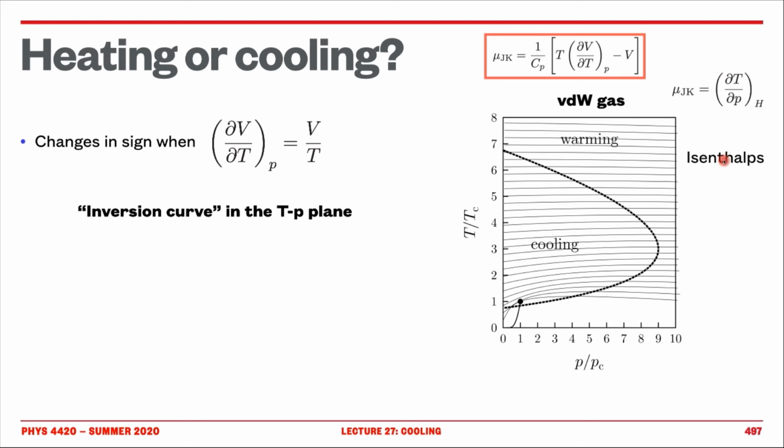So this is what we're interested in. Now, it's nice because all those curves are indeed temperature with respect to pressure. When we look at those graphs, we see that this term can be positive, which would be warming, an increase in temperature, or negative.